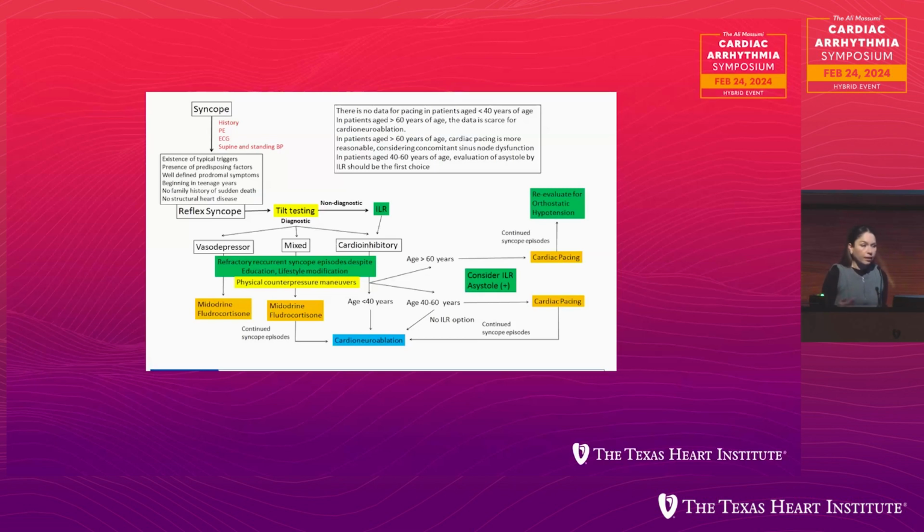I wouldn't consider doing any of this on older patients. But then you have the 40 to 60 range. I think that's a patient population where it's worth doing that atropine challenge, investigating a little more what drives what, doing that tilt table, getting a little more information to see if it's going to be worth doing this type of therapy with cardiac neuroablation.